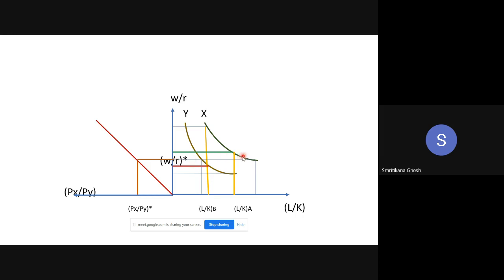As it is within the range of country A, country A can produce both. As it is within the range of country B, country B can produce both. So we can say that after trade, that is at international terms of trade, both countries will go for incomplete specialization. Okay, so this is the significance of the overlapping zone. Any problem from this diagram?